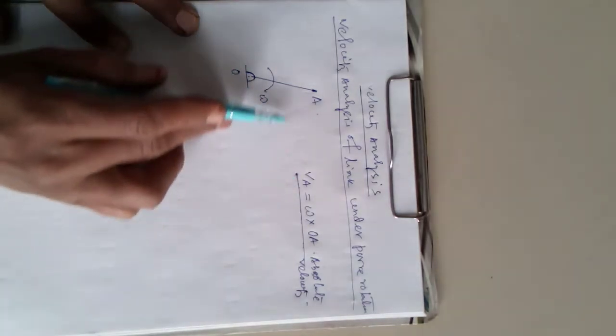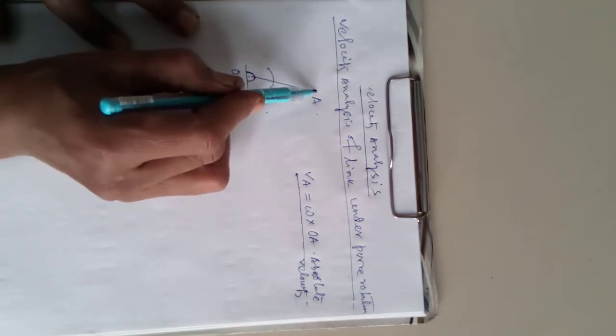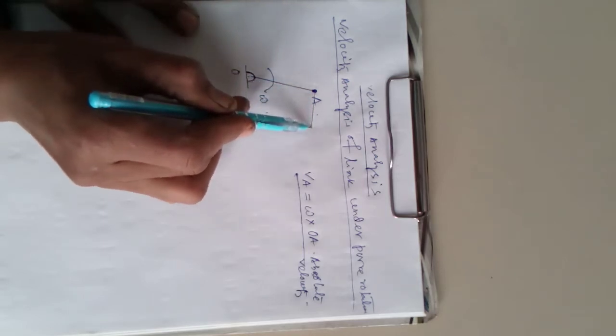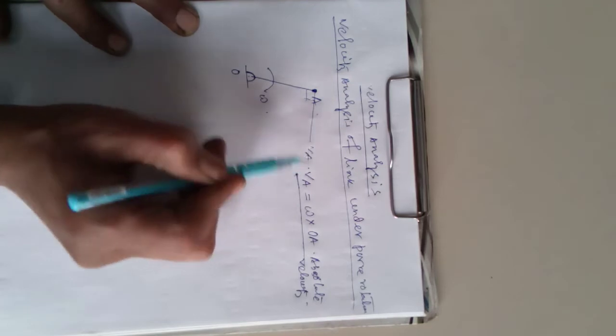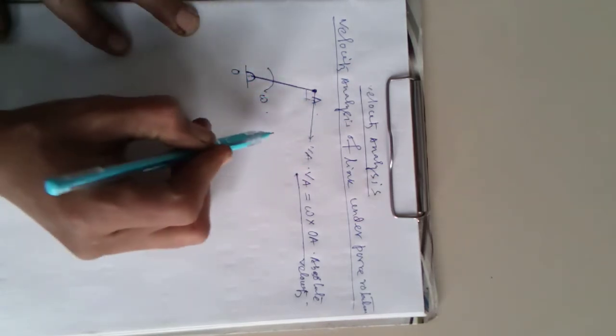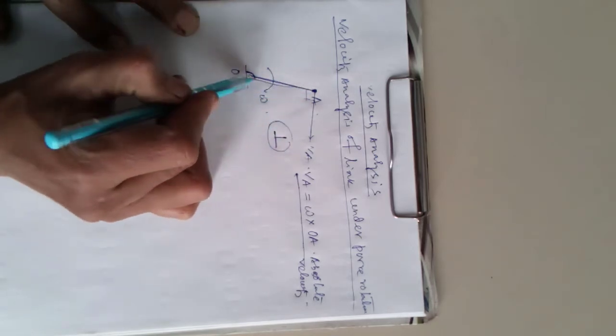Now what will be the direction of this velocity? VA will be perpendicular to the link OA.